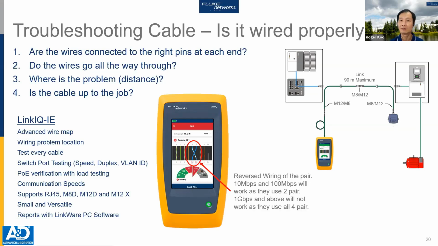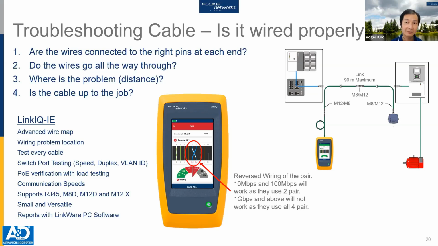Another common problem we see is the pair reversal. Now in this case, pair 4,5 has been reversed at the ends. The LinkIQ has identified this issue, and the LinkIQ was set up to test the cables to 2.5 gigabits per second transmission rates.